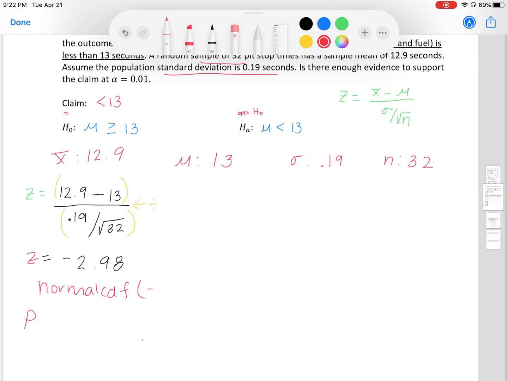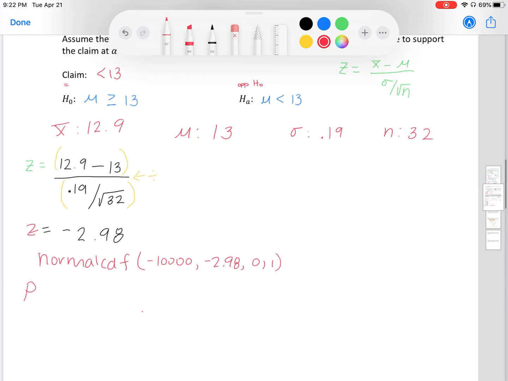So we have negative infinity, so negative a really big number, to negative 2.98. We have a mean of 0 and standard deviation of 1, so that we get a p-value of 0.00144.